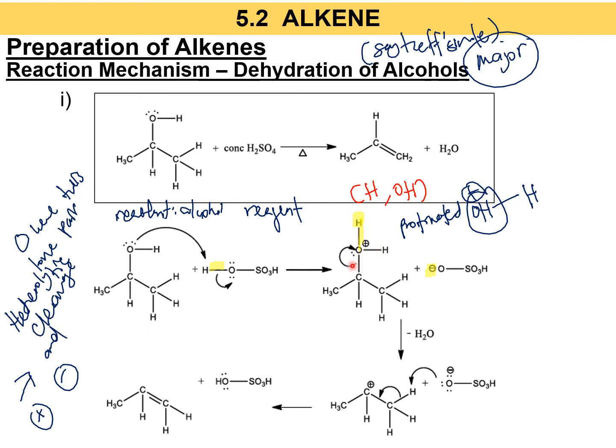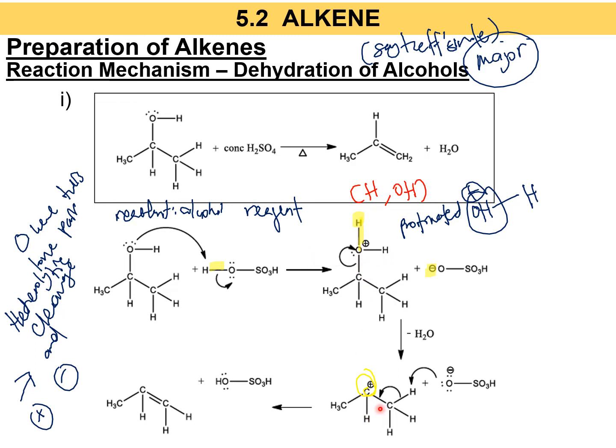Therefore apa yang you dapat ialah you akan remove H2O kat sini. Lepas tu carbon ni dia jadi carbocation. Dia dapat positive charge here sebab dia transfer dua elektron kepada this oxygen untuk pisahkan this bond.